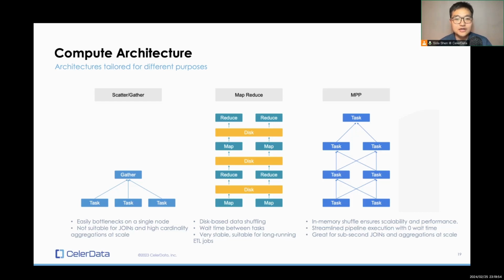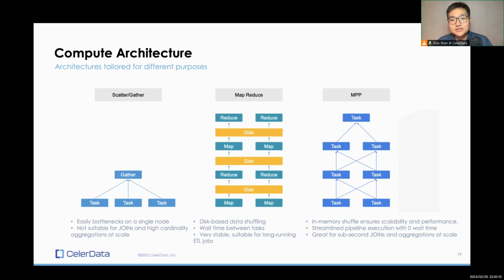After they're done, you do a final aggregation at the bigger node. The problem with this is it easily bottlenecks on a single node. It's really not suitable for larger-scale joins and high-cardinality aggregations.